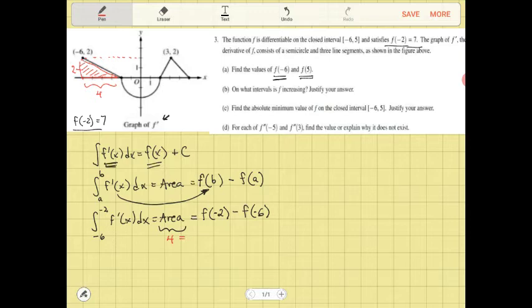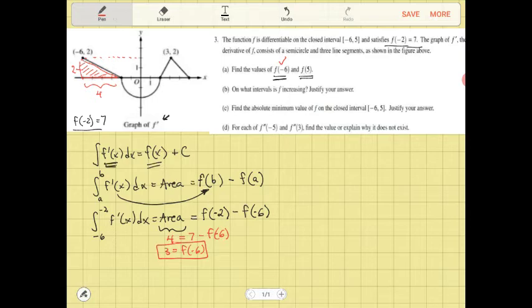And f of -2 is 7, so we can now easily get f of -6, which I hope you can see is 3. So we have solved for the function value at -6, and now let's see if we can figure out what to do to find the function at 5.